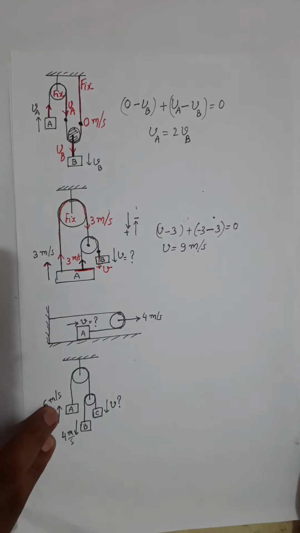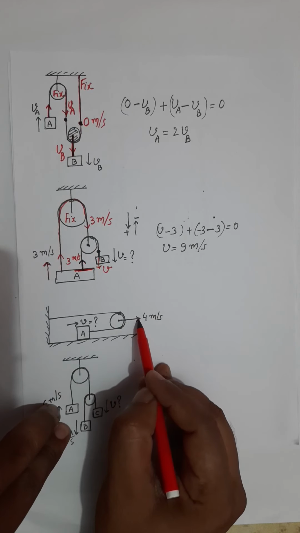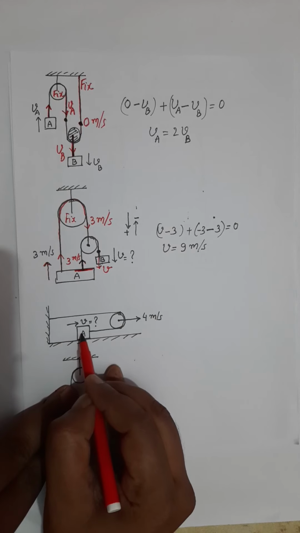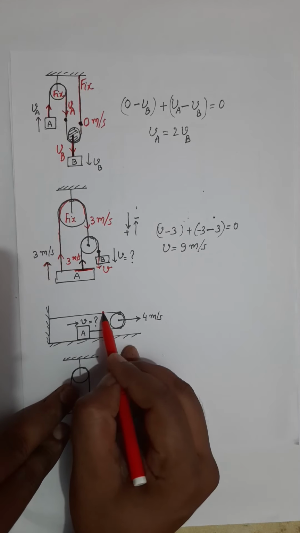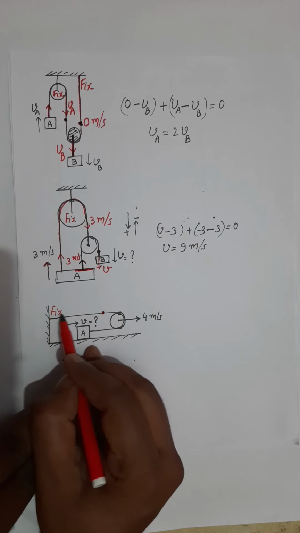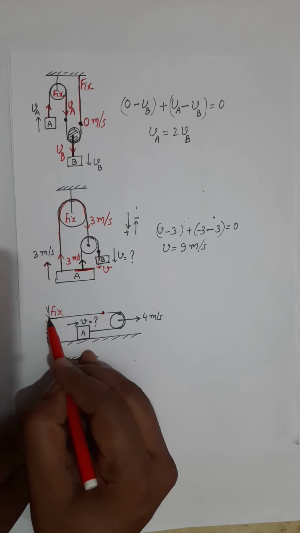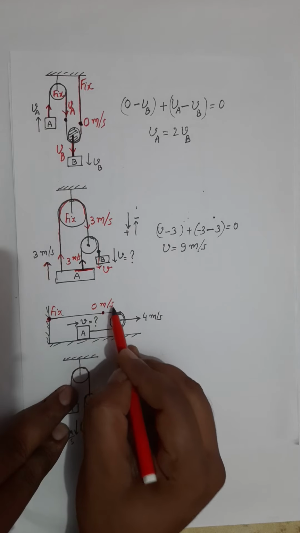Here this pulley is moving forward with 4 meter per second and you want the velocity of A. Notice that here the string is fixed because it is attached to the wall. So this point is fixed, it has no velocity. So here also your velocity will be 0 meter per second.